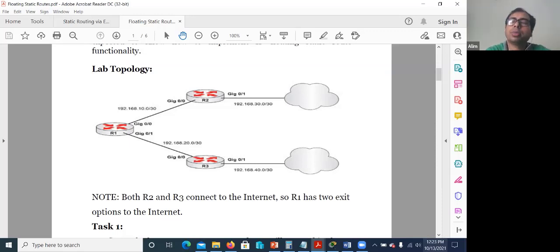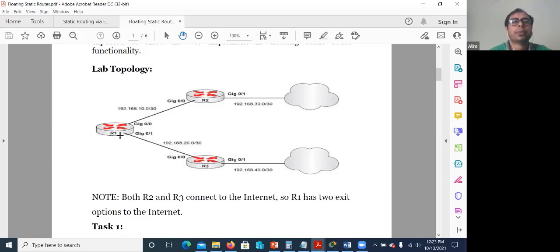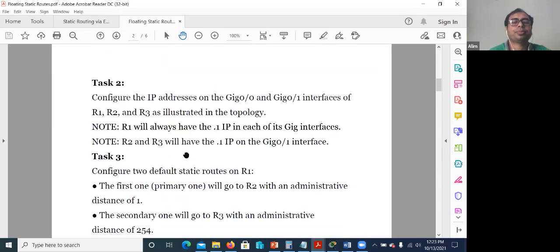It depends on administrative distance. You know the table of administrative distance for different sources. The lower the administrative distance, the higher the priority. For example, 1 is more important than 100.